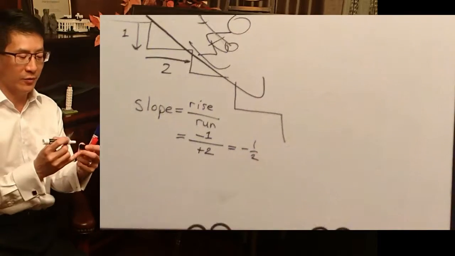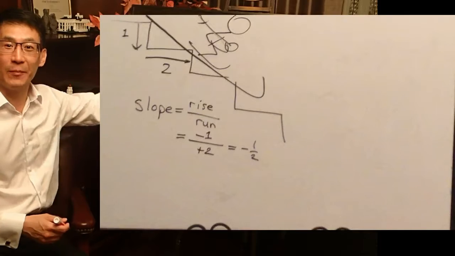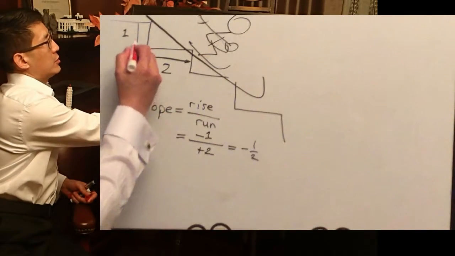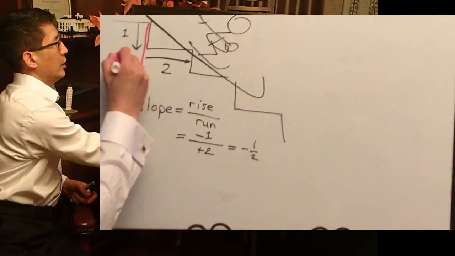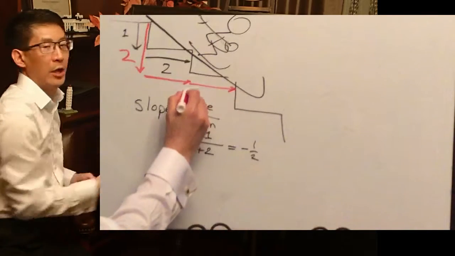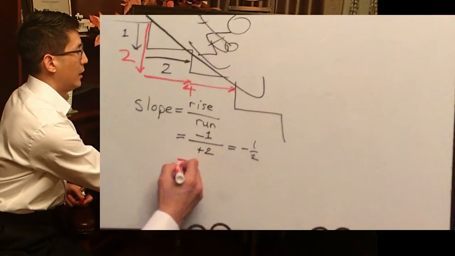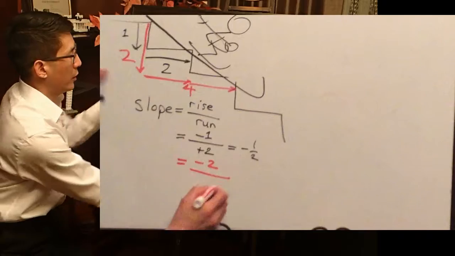Now our slope in this case turns out to be -1/2. You will notice that as you go down more steps, your skis stay at the same angle or slope, which in this case is going downward. So if we go down 2 steps, we now go down 2 units, and we go across 2 plus 2 equals 4. Our slope stays the same. Check this out. Slope now equals -2 over 4, because we went 2 feet down and we went 4 across.